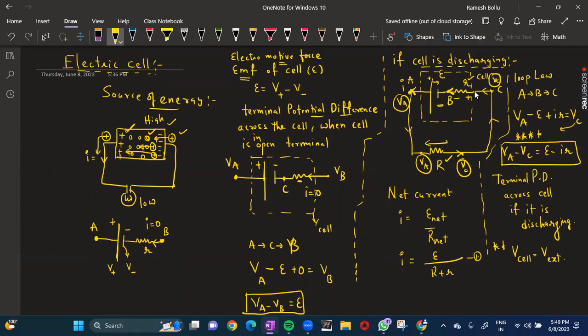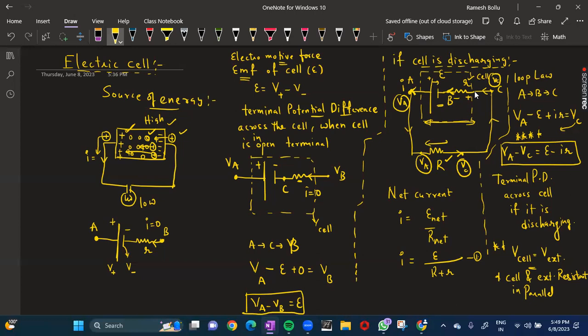Here how much potential difference is there? Across the cell also the same potential difference is there. Correct or not? So I will write down that point. The cell and external resistance are in parallel combination, that is why their potential differences are the same. Understood?